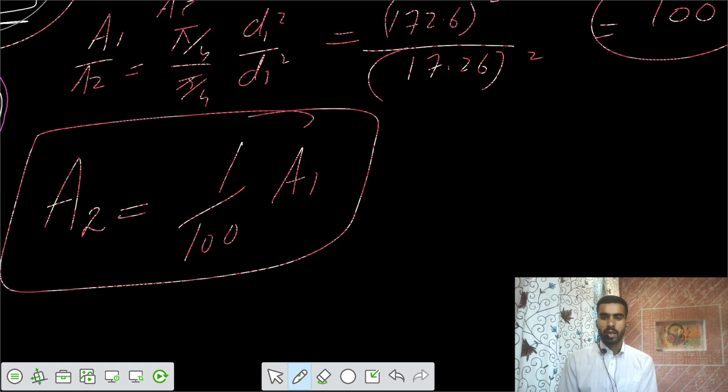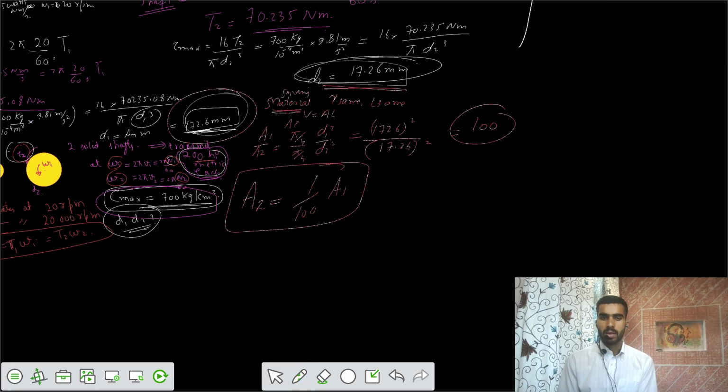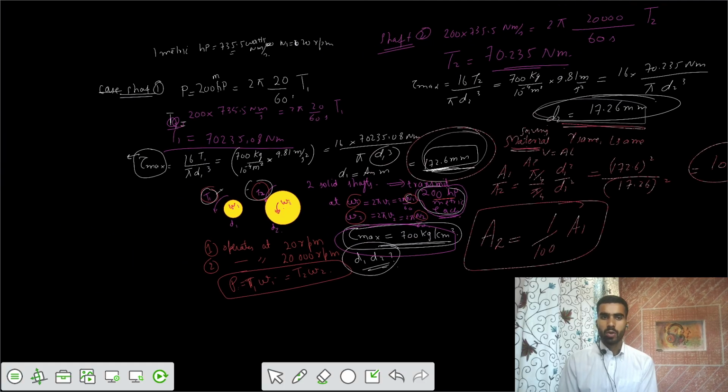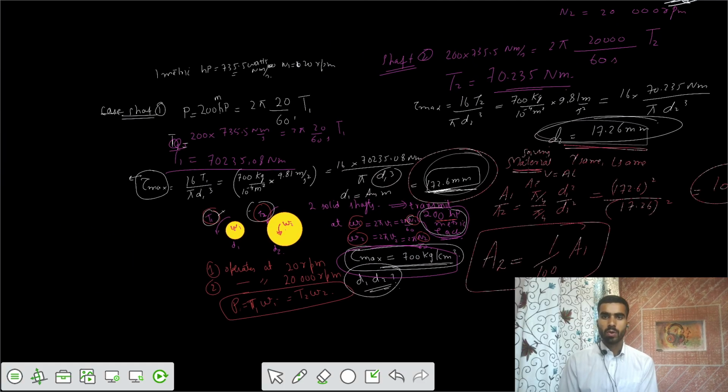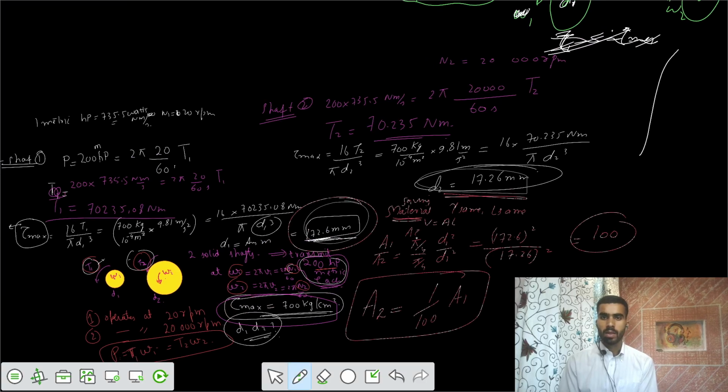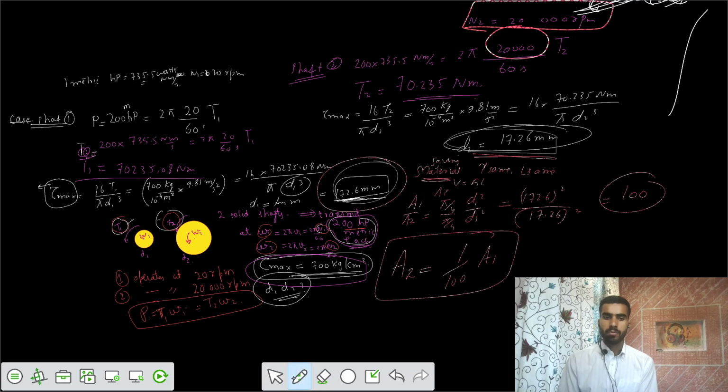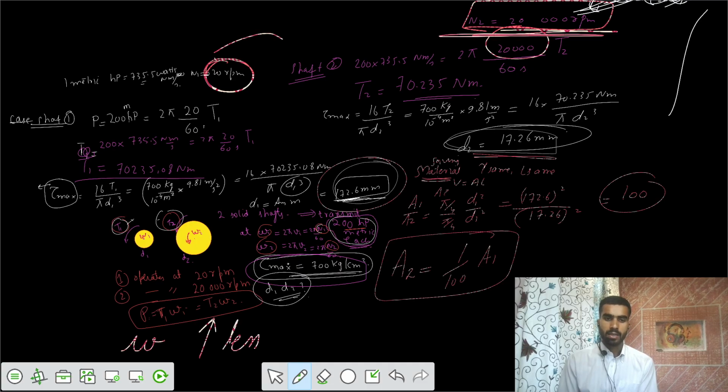That means if the omega for material 2 was 20,000 rpm, number of revolutions per minute equal to 20,000, and in the first case you are having an omega of 20 rpm. So you had two different omegas, and the one having more omega, for the same amount of power, you need lesser area, you need lesser quantity of material.